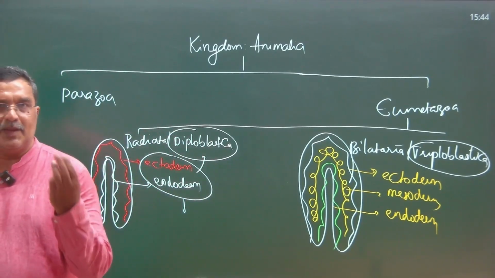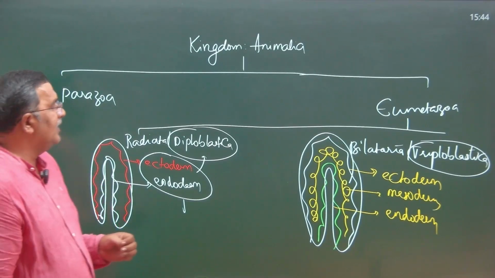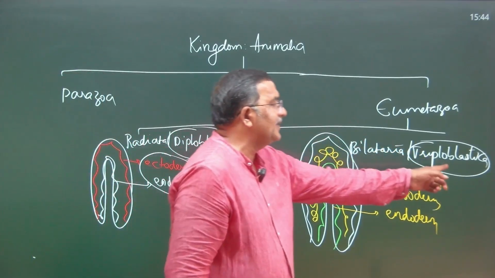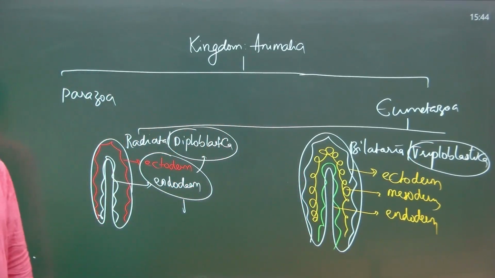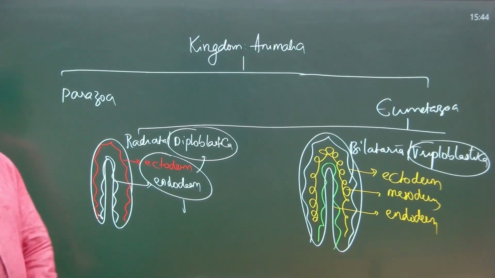If three germ layers are present, we say the organisms are triploblastica. If the organisms have two germ layers, they are called diploblastica.